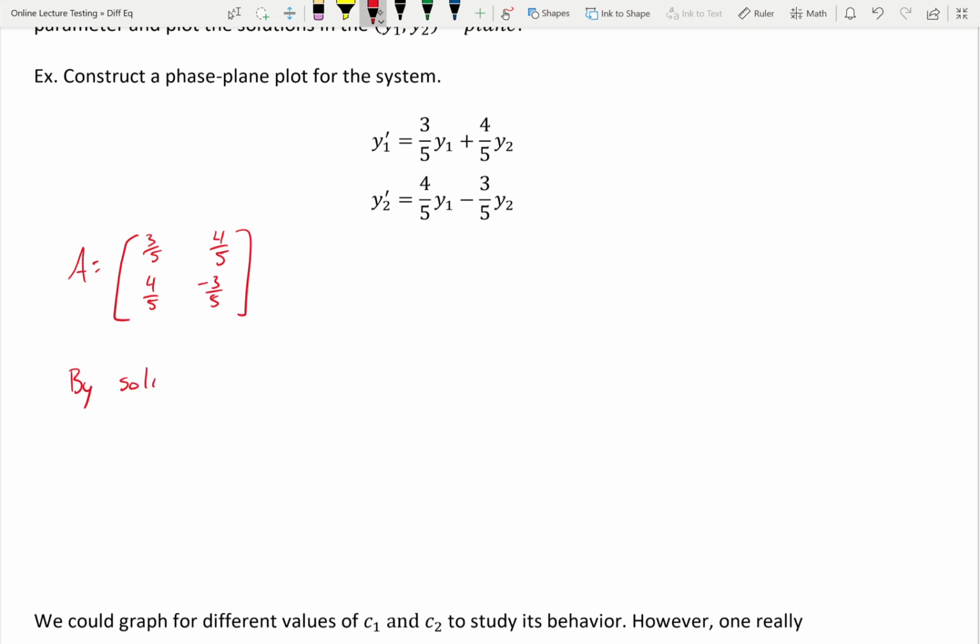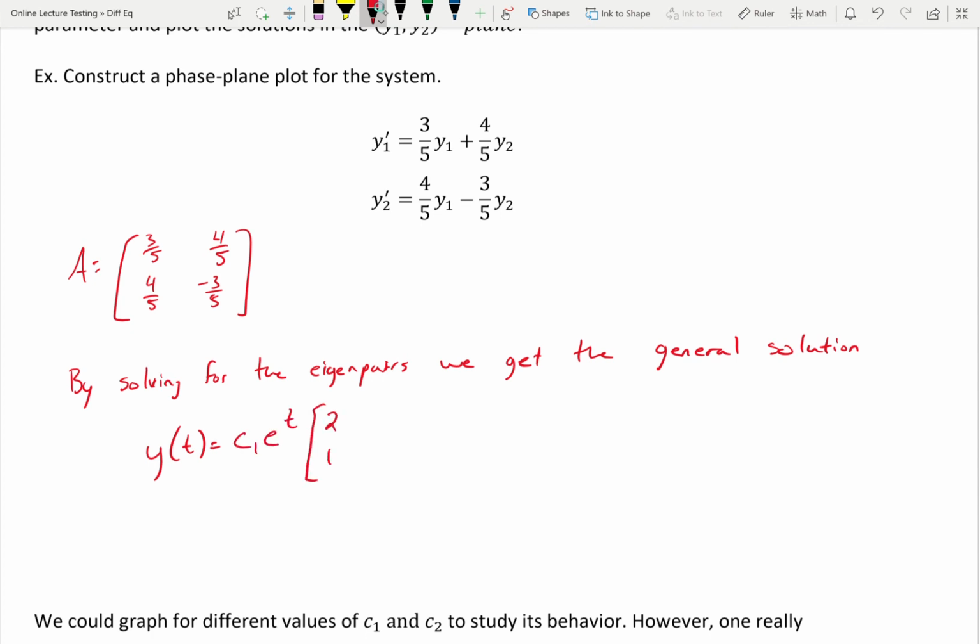By solving for the eigenvalues and eigenvectors, or eigenpairs, we get the general solution as y of t, so you can practice this one on your own if you will: c1 e to the t times 2, 1, plus c2 e to the negative t times 1, negative 2.